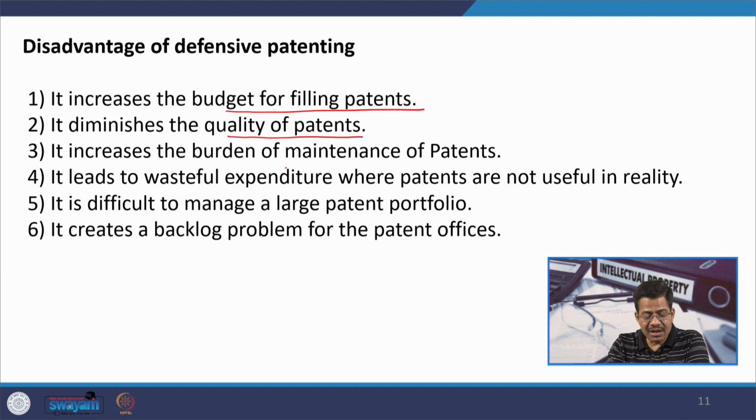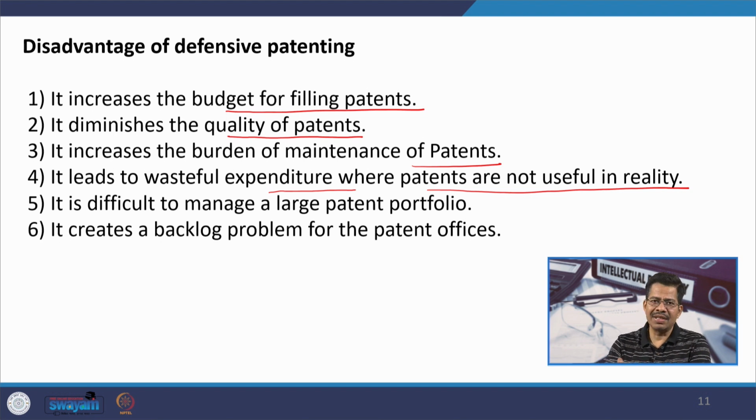It increases the burden of maintenance of patents. When you have more patents, obviously there is more maintenance cost also, and therefore, you need to go for extra monitoring of those patents. It leads to wasteful expenditure where patents are not useful in reality.